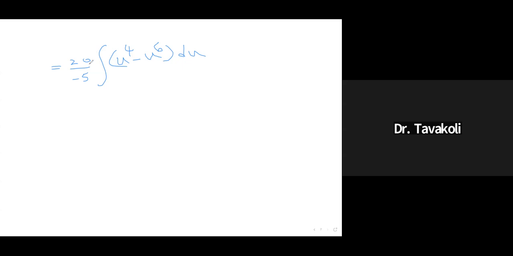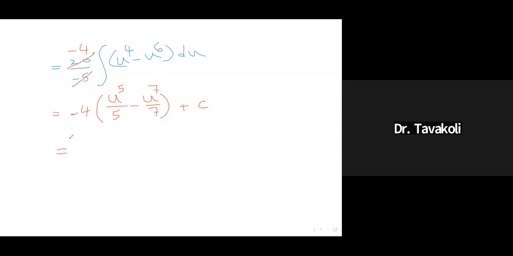Okay, 20 over -5 is -4. Antiderivative of u to the 4 is u to the 5 over 5. Antiderivative of u to the 6 is u to the 7 over 7. And at the end, plus c.